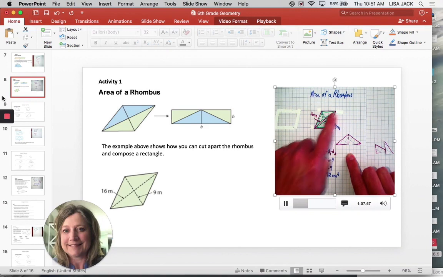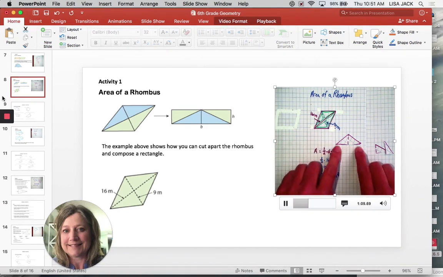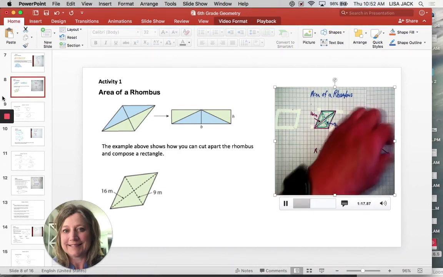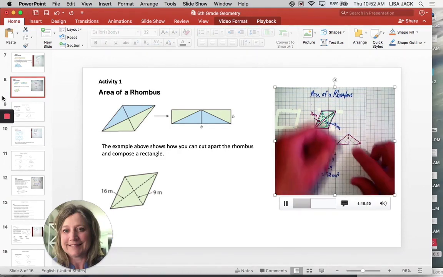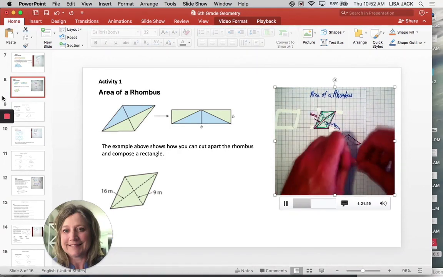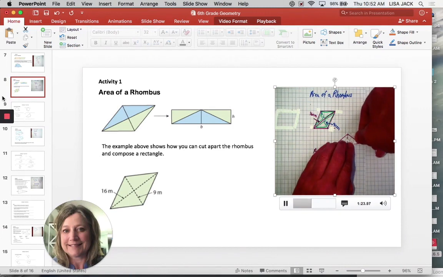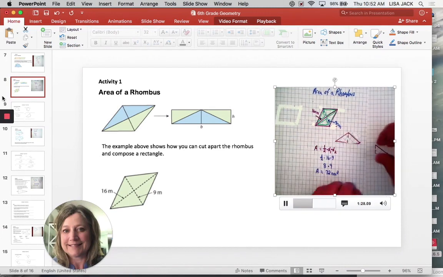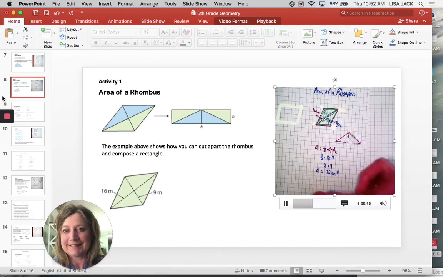If you see that, that makes the base of a rectangle. Then I took this other part here and I cut it in two, and I made it fit on each side of the base.